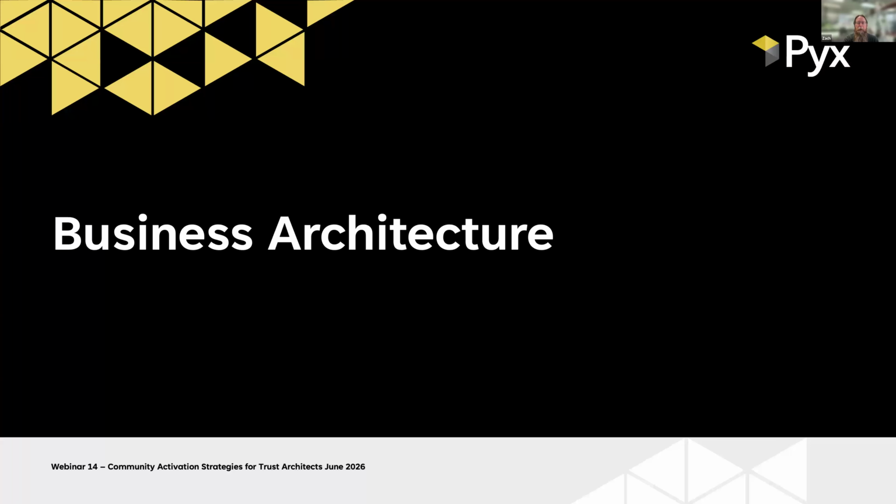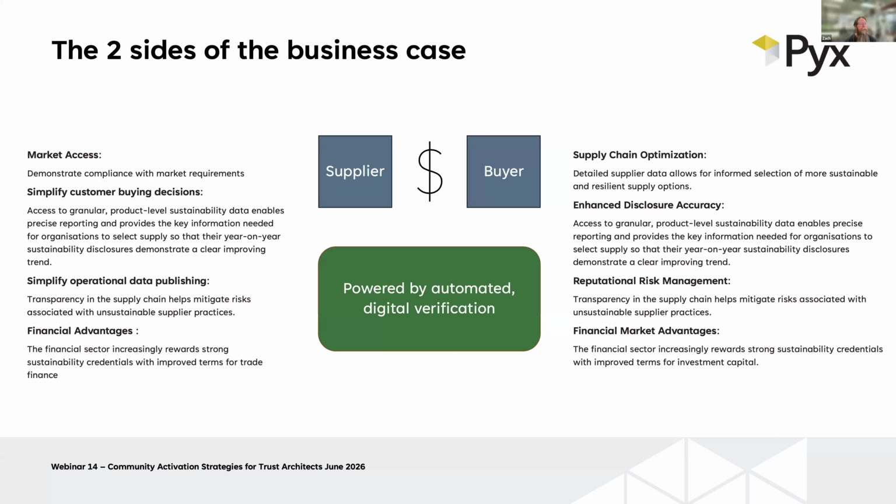But importantly, a community activation program is building the business case to start off with. And from our perspective, we always start with the two sides of the business case. Value is created when a supplier sells a product to a buyer.